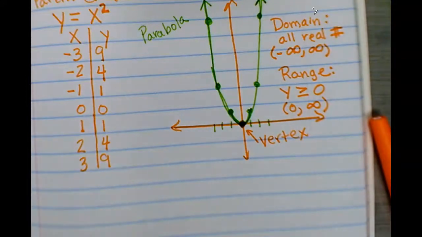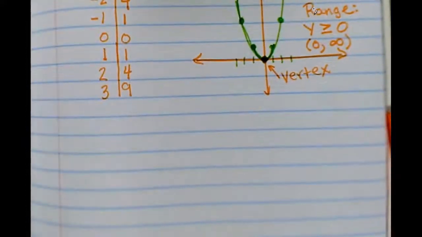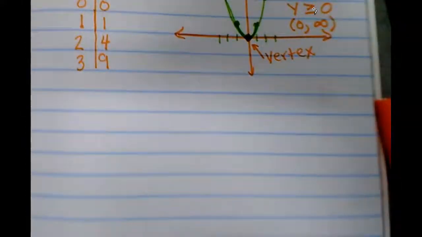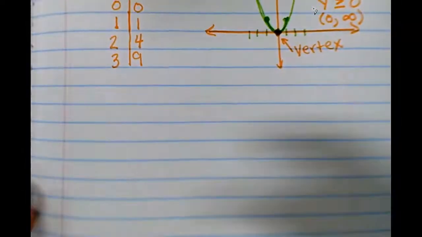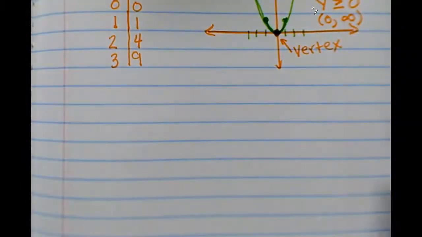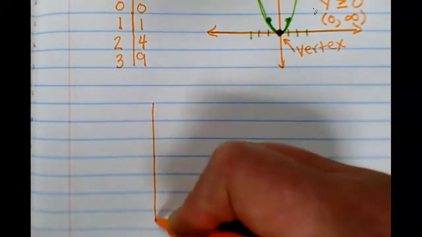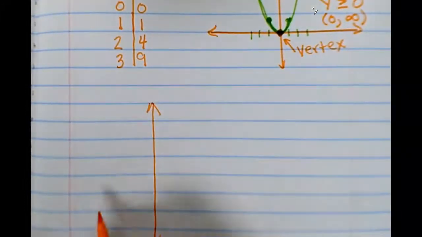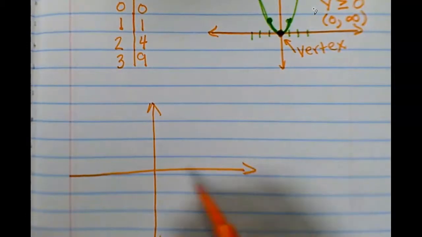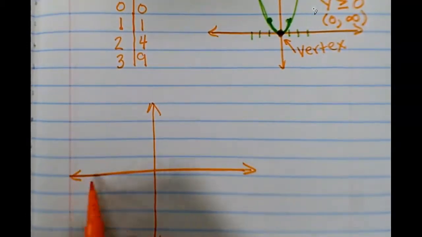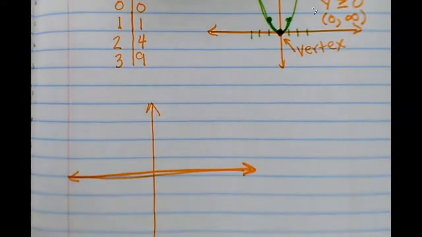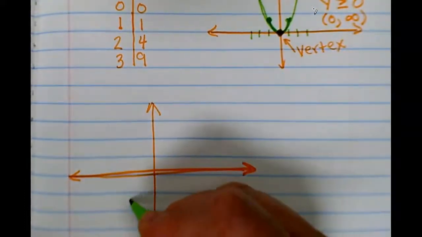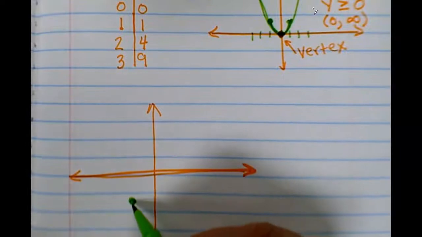And there's some vocabulary we need to have to look at our parabolas. So if you happen to have 2 different colors, it might be useful so that you can have your X and Y axis in one color and your parabola in a different color.